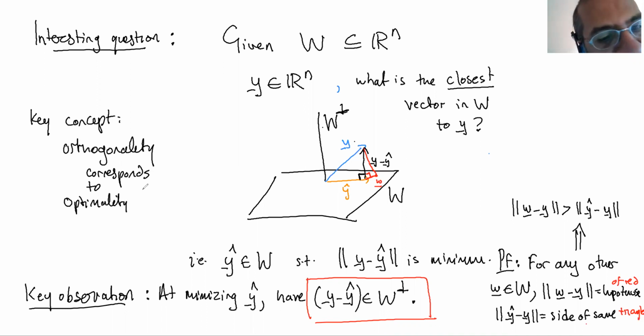Optimality means being the closest point. Okay, so this is a generalization of this idea of dropping a perpendicular, but to Rn.